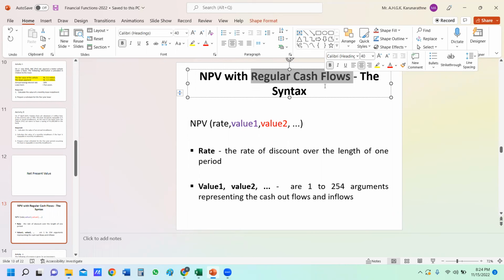Under the regular cash flow assumption, we assume this 1 million was received at the end of this year, on 31st December 2022. Throughout the period, all the cash flows we receive, we assume they occurred at the end of the period.